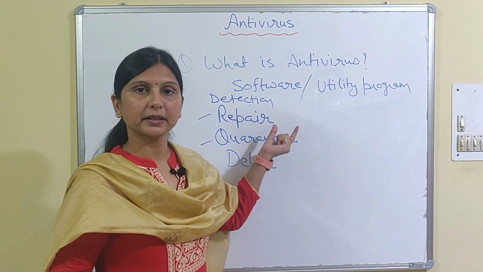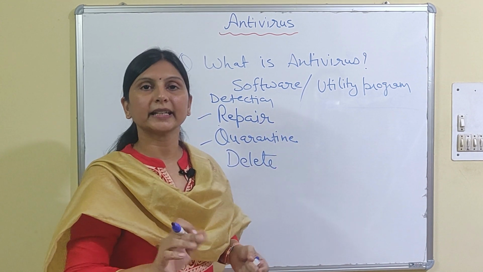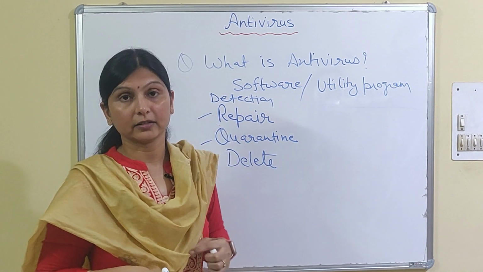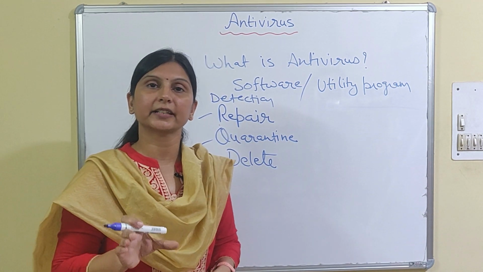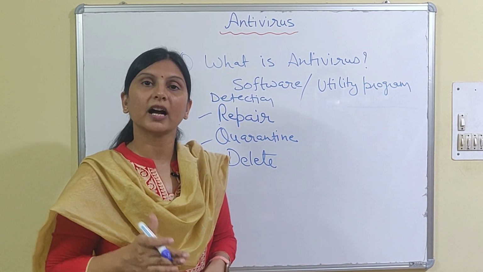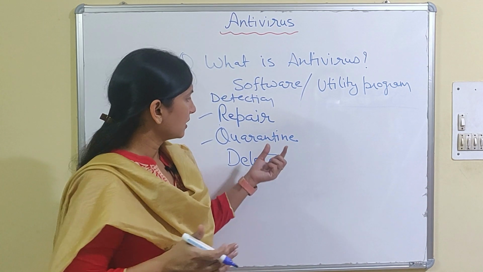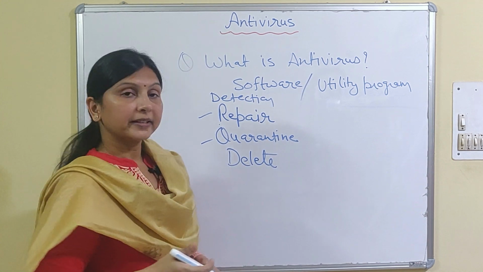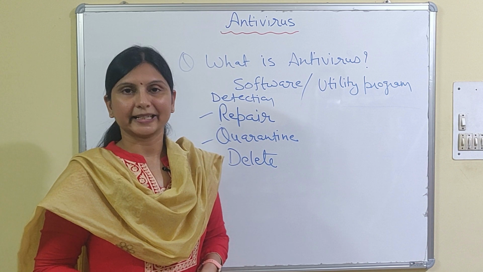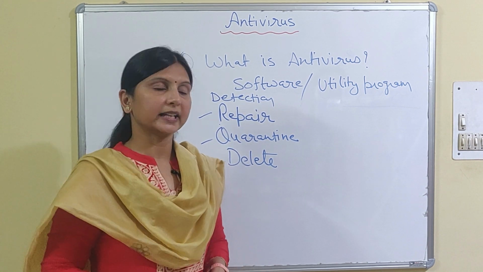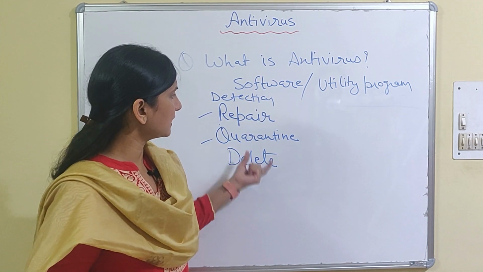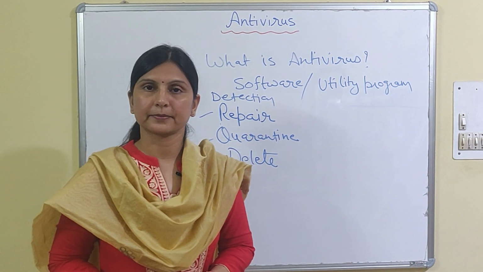If it is not repaired, then it will quarantine that infected file, keeping it in isolation so that it cannot harm the other files. And if that file is not important, we don't want to retain it in our system, then we can delete that file also. So these are the three different ways.